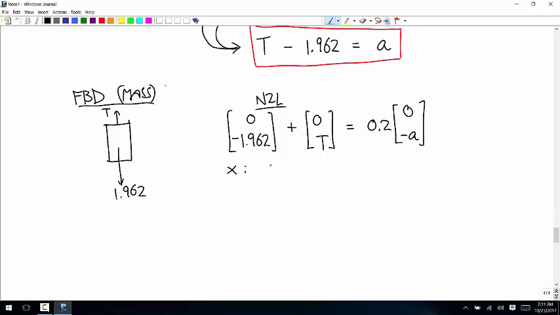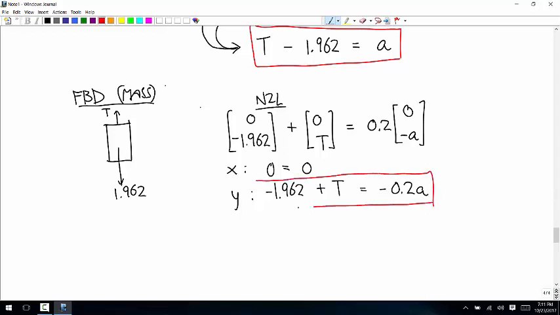So the x equation says 0 equals 0 again. The y equation says negative 1.962 plus T is equal to negative 0.2a. And so there's our system of two equations for two variables.